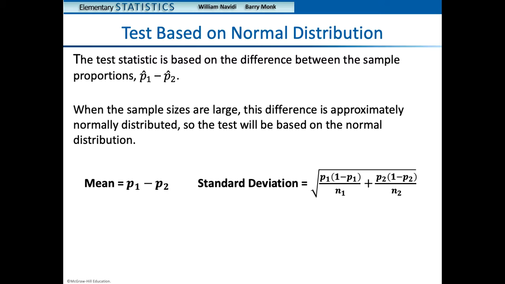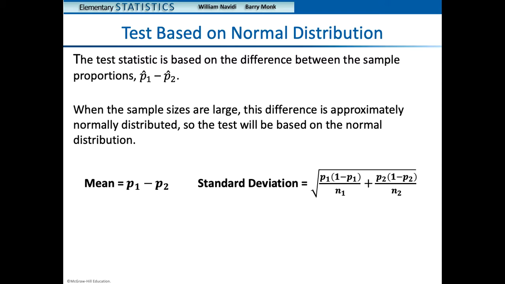And when the sample sizes are large, this difference between sample proportions is approximately normally distributed, which means that the test statistic will be a z-score, a z-value, and it will be based on the normal distribution. The mean of the distribution is given by the difference between the population proportions. And then the standard error, or the standard deviation of this distribution, will be given by this formula here.